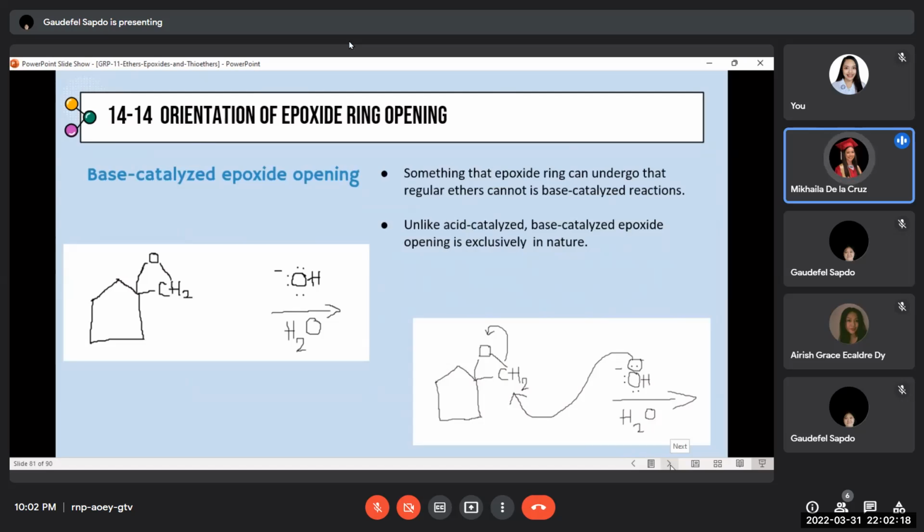It is primary because the last carbon is attached to only one carbon, while the other carbon is attached to three. So obviously, the CH2 is our less hindered position. The arrow between the C and O indicates the opening. So next slide please.